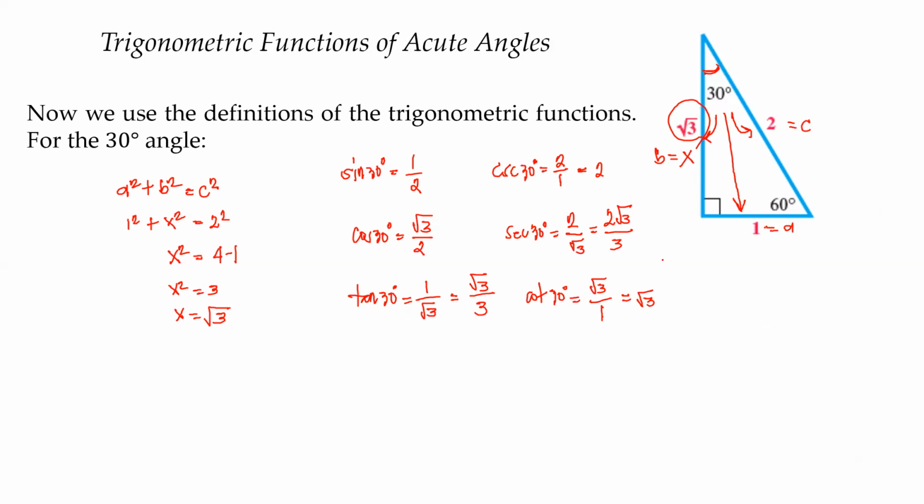Okay? So that is how we get the actual values of the six trigonometric functions of our 30-degree angle.